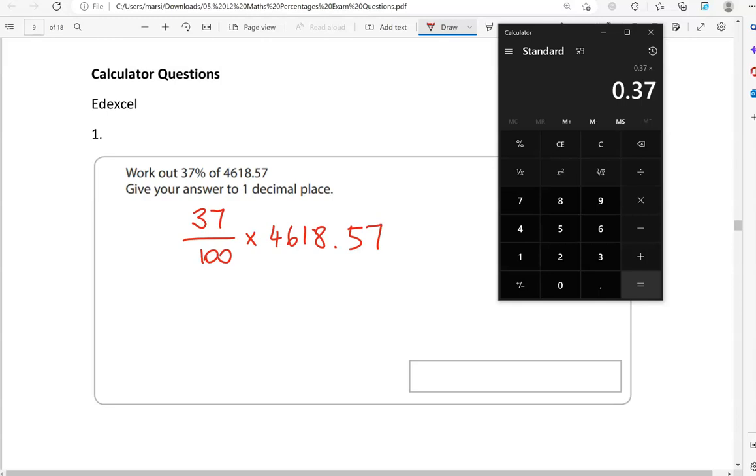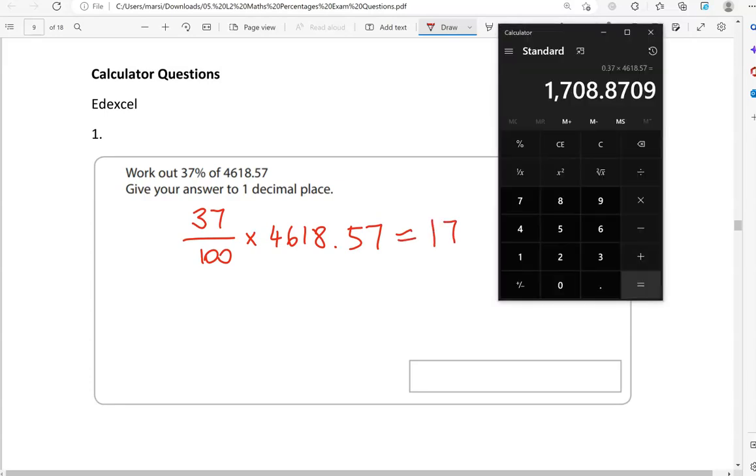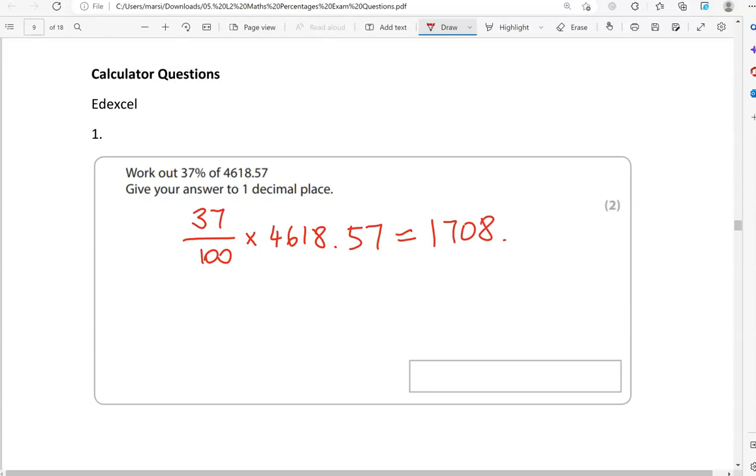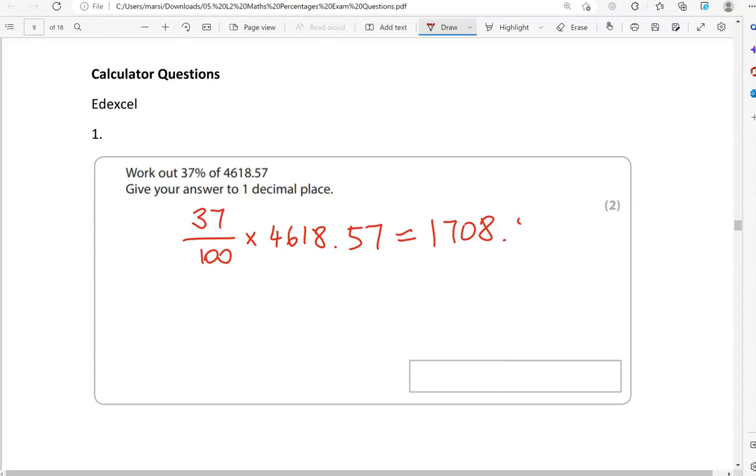So we're multiplying by the number that we're working out the percentage of. So 4,618.57. That gives us 1,708.8709.